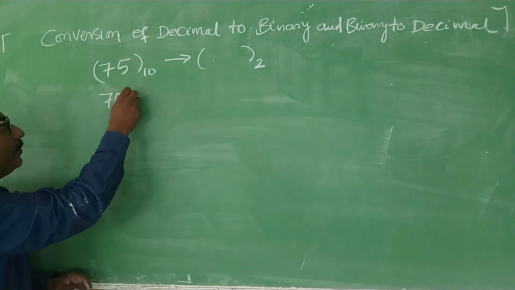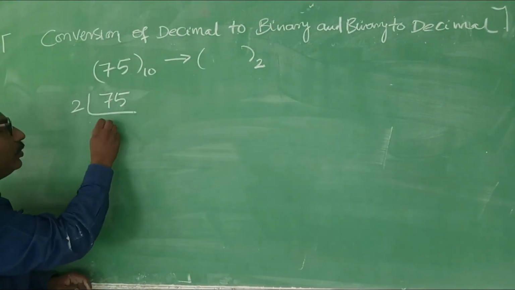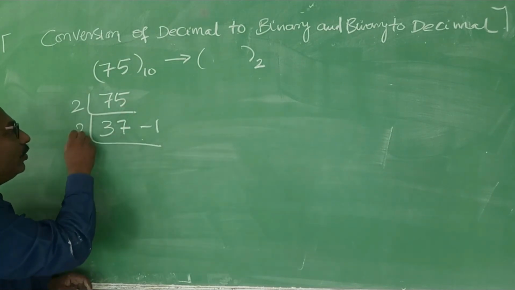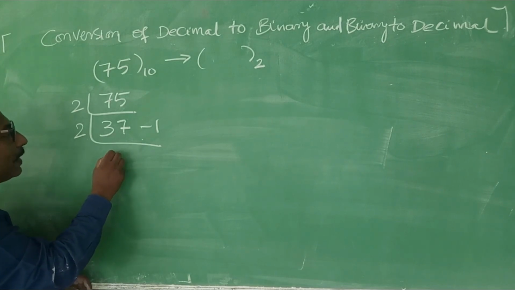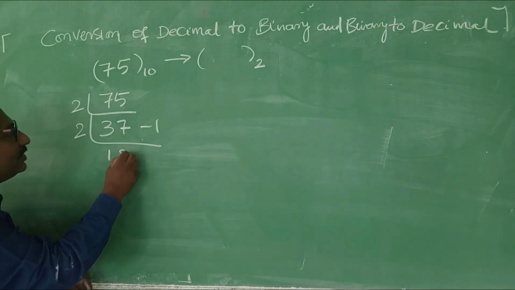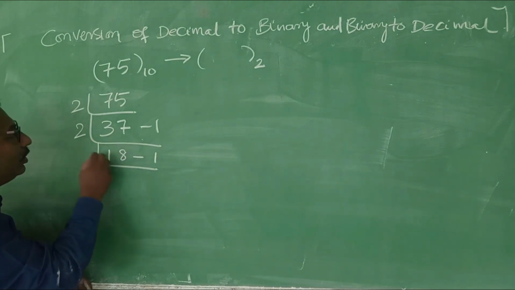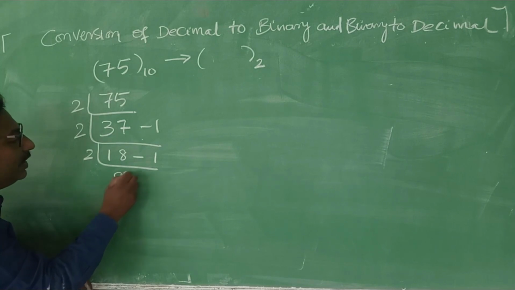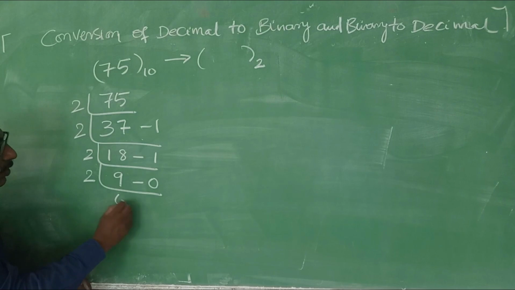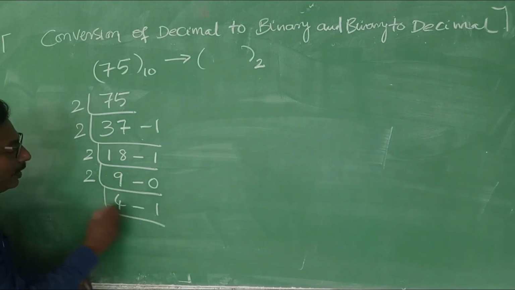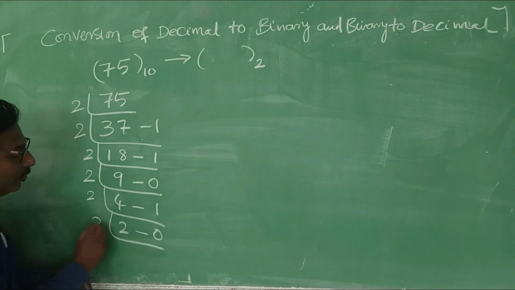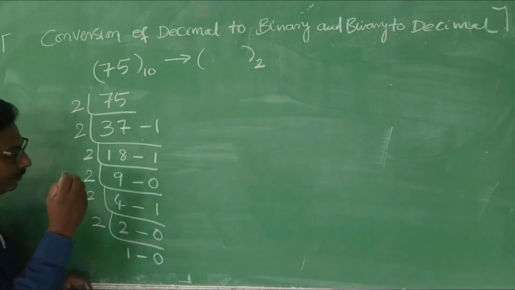So divide 75 by 2: 2 threes are 6, 2 sevens are 14, remainder 1. 2 ones are 2, 17... 2 eights are 16, remainder 1. 2 nines are 18, remainder 0. 2 fours are 8, remainder 1. 2 twos are 4, remainder 0. 2 ones are 2, remainder 0.